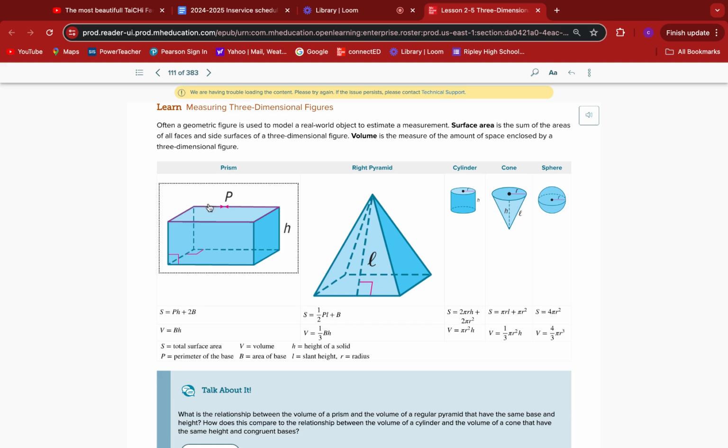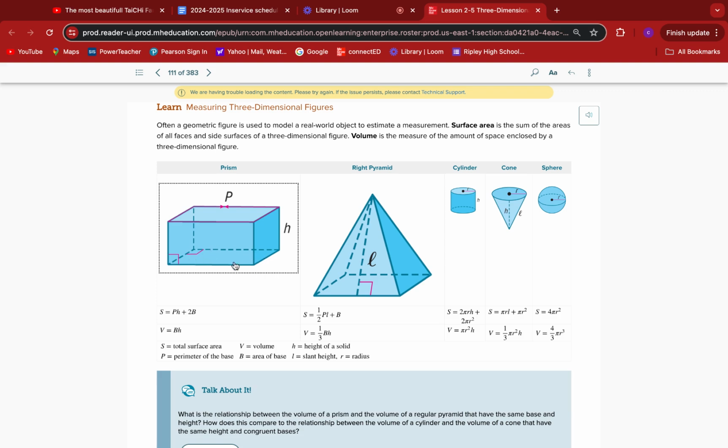Now, I will have a lot of students that will look at this prism and look at this pyramid and will be able to tell me the base on the pyramid, but they're not sure which is the base of the prism. To be honest with you, as long as you're consistent, it really doesn't matter.